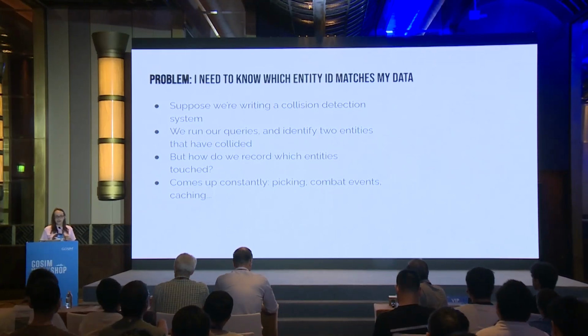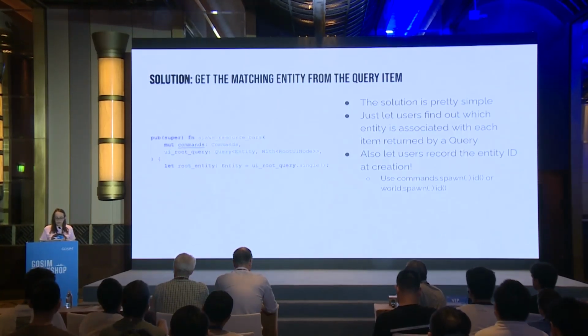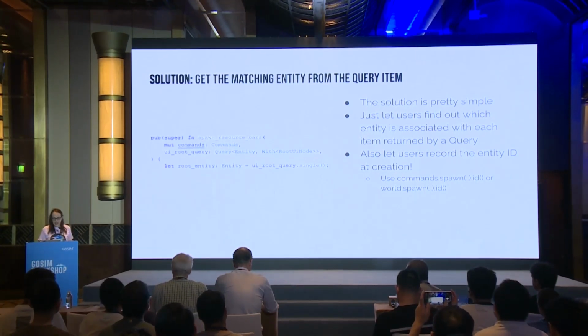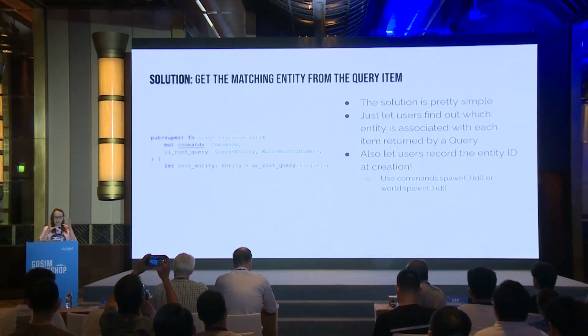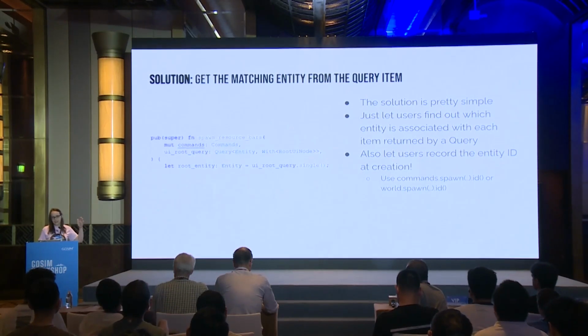Because if we're just allowed to ask for component data, we don't know which entities they are, because it's just anonymous data. So what you can do in Bevy is add Entity as another query item as if it was a component, and it'll just return that in your iterator like everything else.